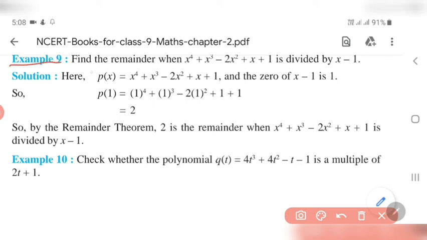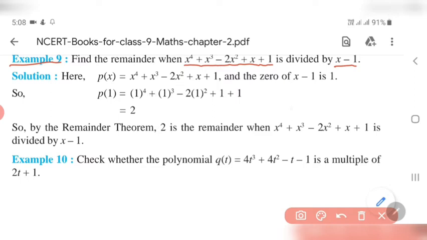Find the remainder when x to the power of 4 plus x cube minus twice x square plus x plus 1 is divided by x minus 1. They are asking to find the remainder, correct? We are not going to find the remainder by using long division. Instead, we are using the remainder theorem. I hope it is clear.